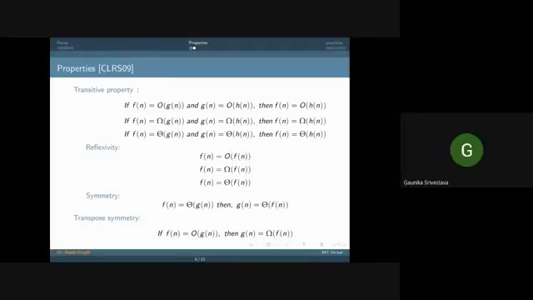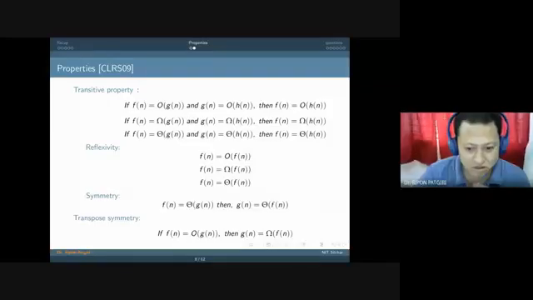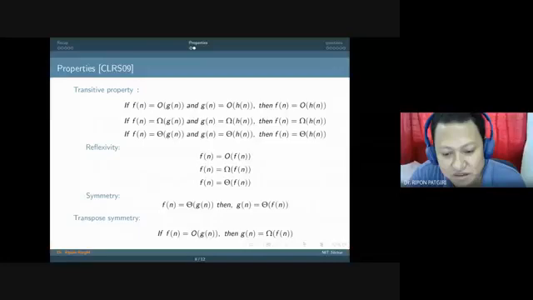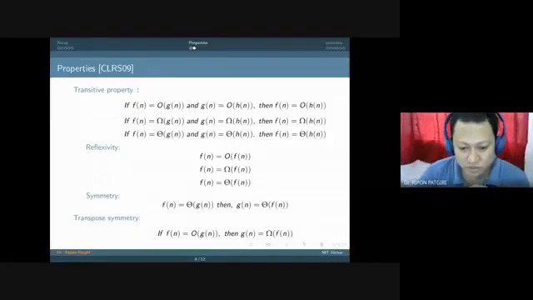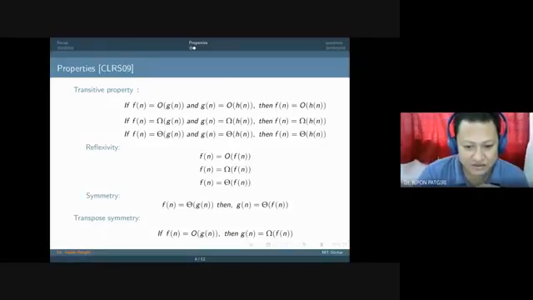Sir, one question. Is it necessary that g(n) should be a single term expression? Can it have multiple terms, like 3n plus 2? Is it possible that g(n) is equal to 4n plus 4 also? No, g(n) can be anything, a function, maybe of multiple variables, for example g(n, m, k).